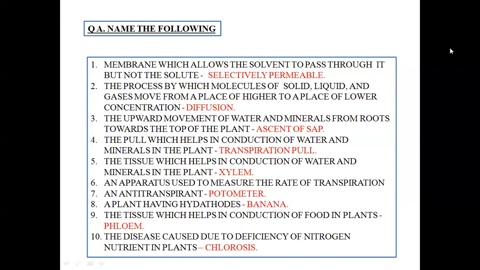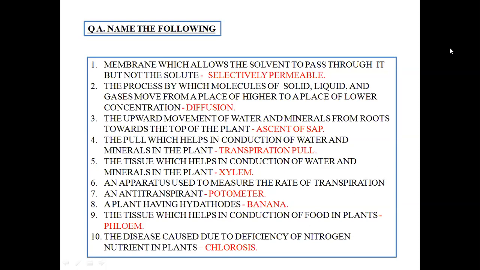This is generally brought about by the tissue known as xylem. It conducts the water from the soil through the root and then upwards to the leaves. In this process, water and minerals also move up, and this is known as ascent of sap.